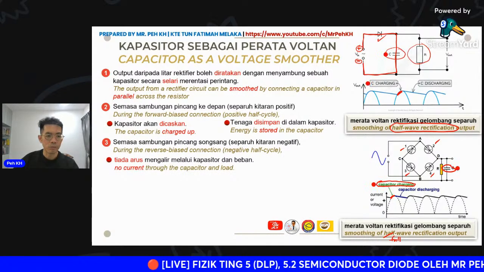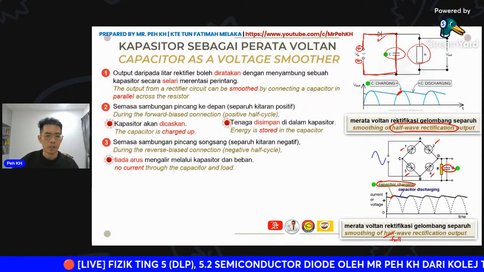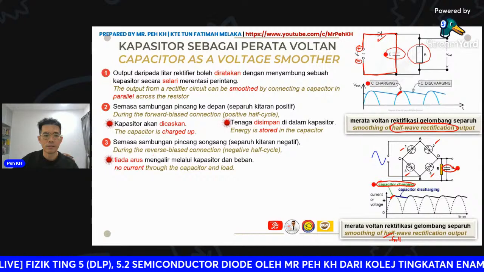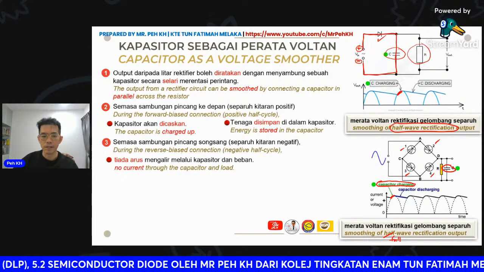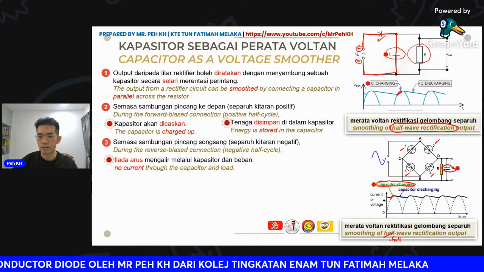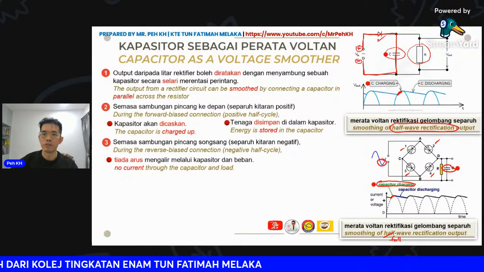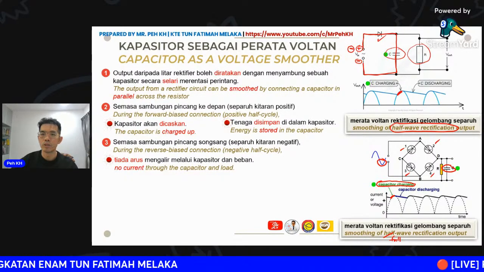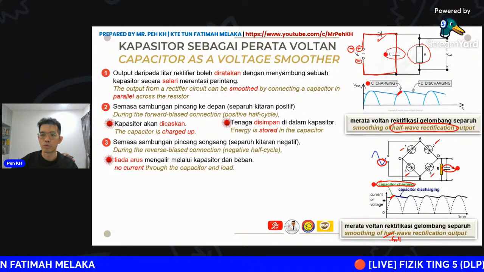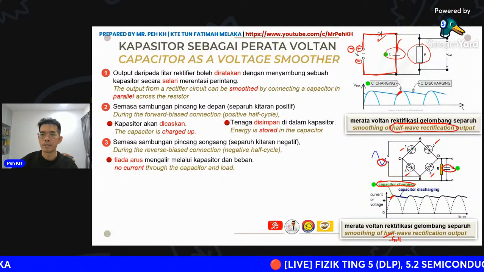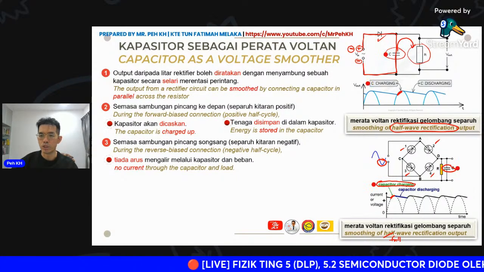Okay, then when the connection is at the reverse bias, that means the input is negative. So here the input negative will be here. So now the current is not able to flow through, so the capacitor will be discharged.